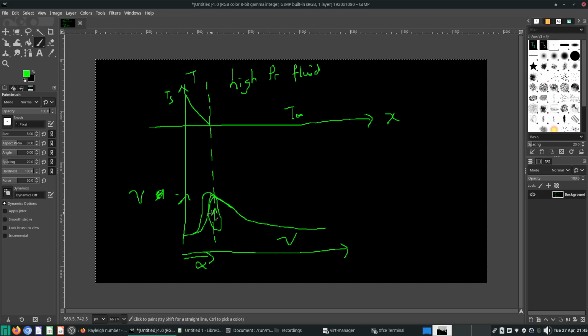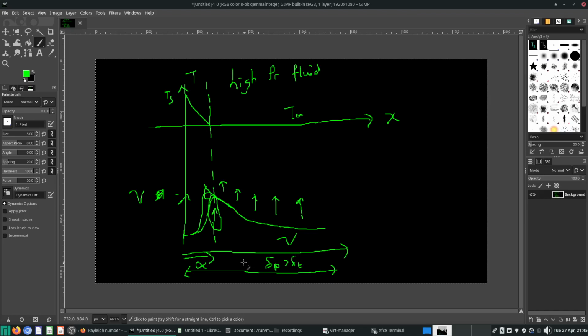I'm not very precise, but all this momentum here is going to drag fluid outside the thermal boundary layer upwards, so that the momentum boundary layer thickness, maybe you call this delta P, will be much greater than delta T.